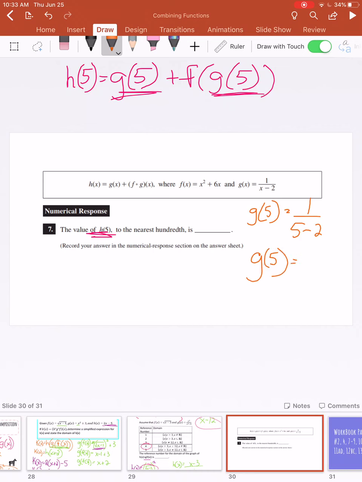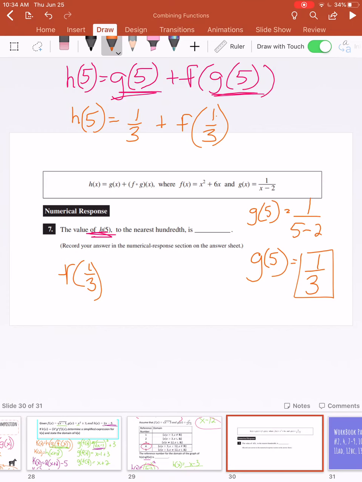So 1 over 5 minus 2 is 1 over 3. And now I'm going to replace all of those g at 5s with 1 over 3. Okay, and now from here, I'm going to take that 1 over 3 and replace the x with the 1 over 3. Okay, and you could even type this in your calculator if you wanted at this point.